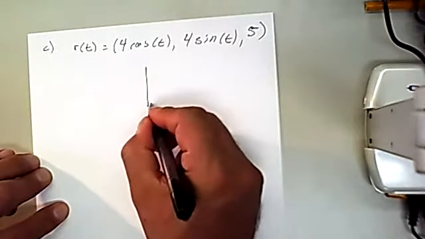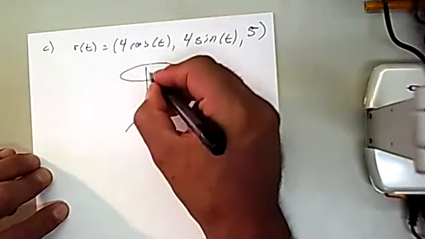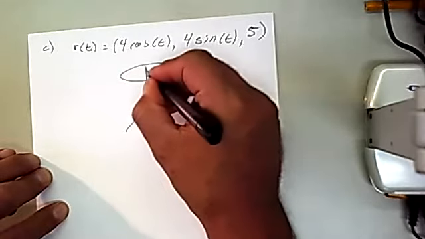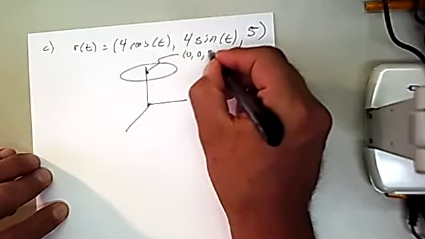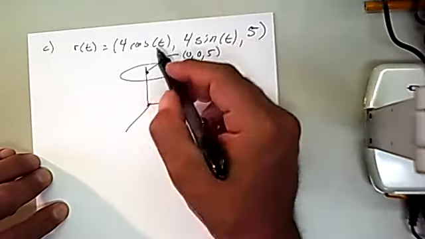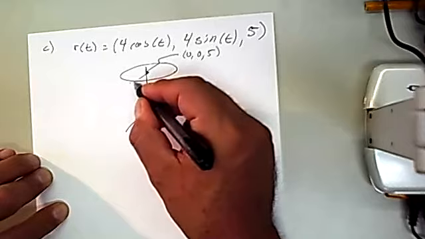When we draw this picture, we end up with this circle with center at 0, 0, 5. Our starting point is going to be, let's see, here.